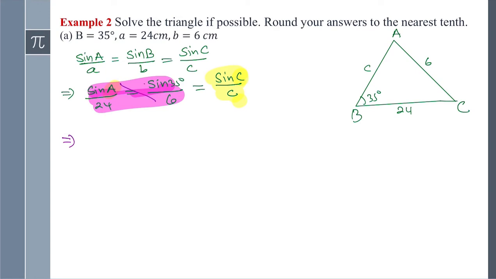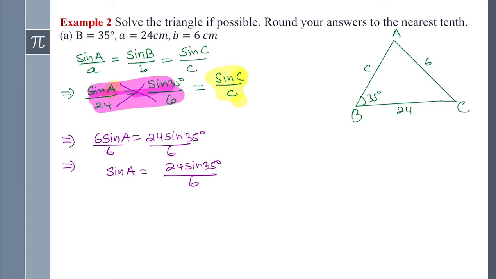I'll do the cross multiplication here. So 6 sine A equals 24 sine 35 degrees. Then if I divide by 6 on both sides, I get sine A equals 24 sine 35 degrees over 6. To check if this is possible, I'll put the right hand side into my calculator.